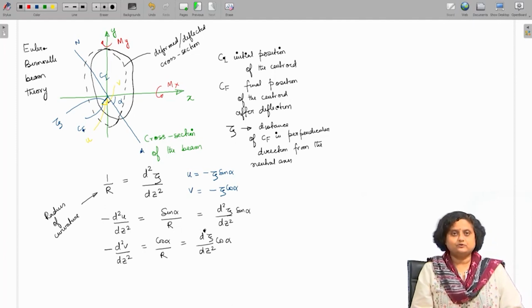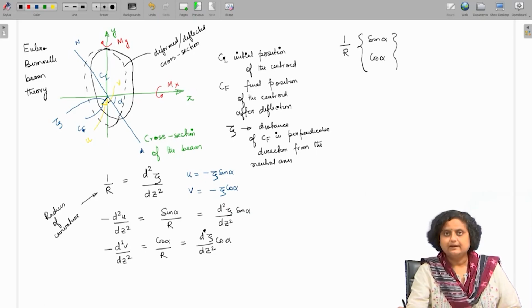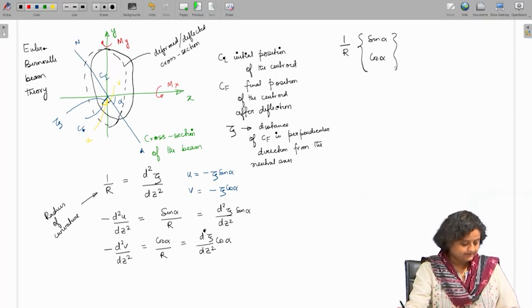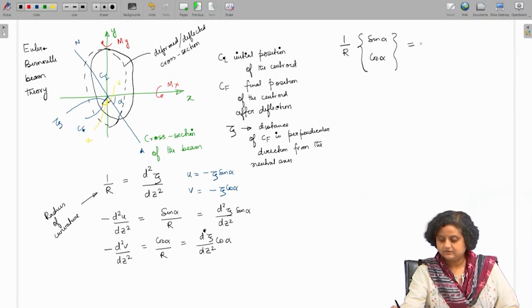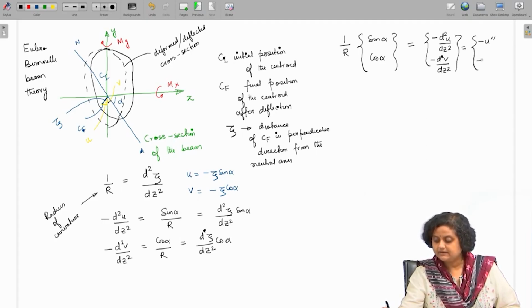If these two expressions are obtained, then we can say that 1 by r sin alpha and cos alpha can actually be written as minus d2u by dz square and minus d2v by dz square. This can be written in simplified notation as u double dash and v double dash.